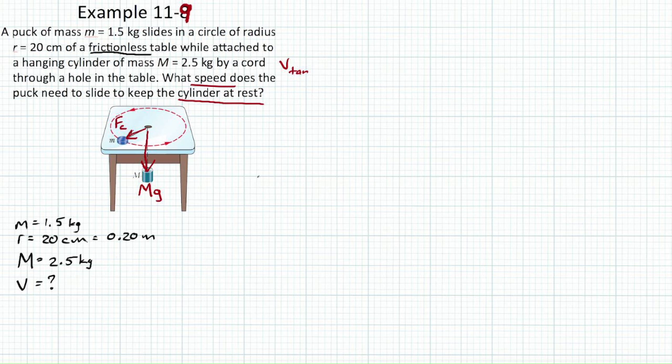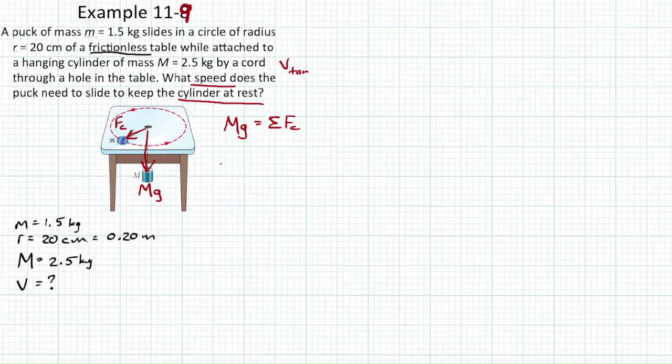So we're going to say that, I'll write it over here, capital M G is going to be equal to the net centripetal force, because there's no friction or anything, so we don't need to worry about that. That's the net centripetal force caused by that puck right there.